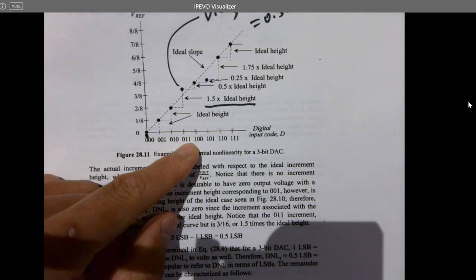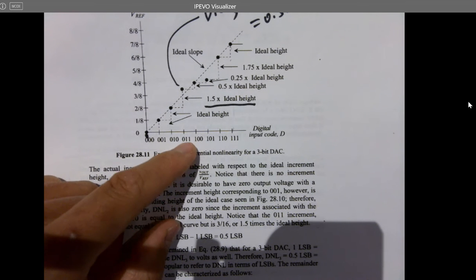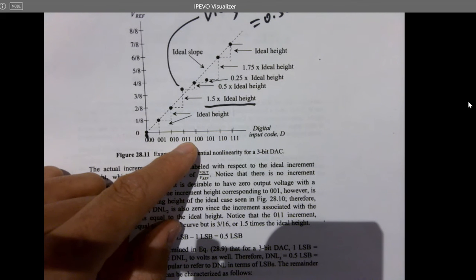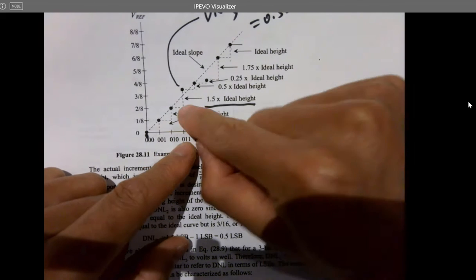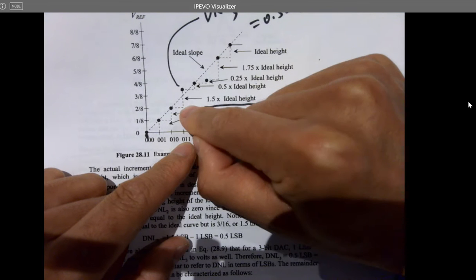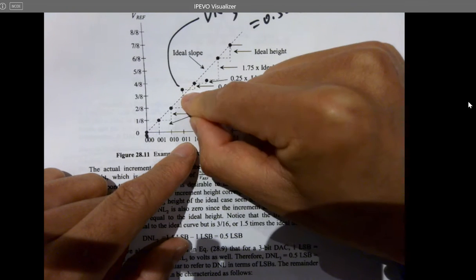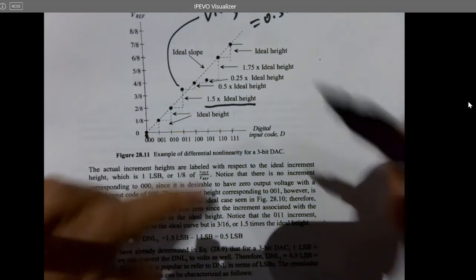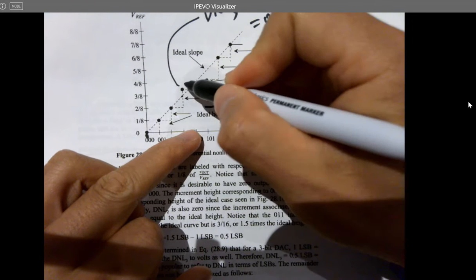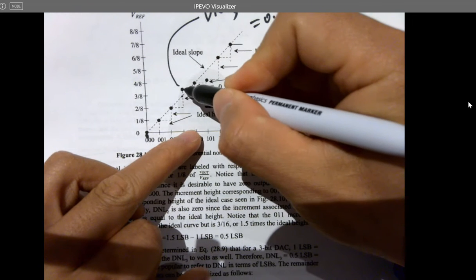So it's just looking at the actual increment height at point 3. It's DNL 3. The actual step height is from here to here. If it reaches this point, it's 1 LSB, and now it's halfway of the next LSB.